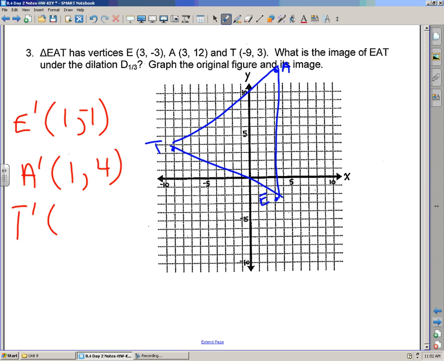T prime, -9 divided by 3, and 3 divided by 3. And so now you've got this new triangle: E prime 1, -1, A prime 1, 4, T prime -3, 1, that's 1/3 the size of the original. And that's it.